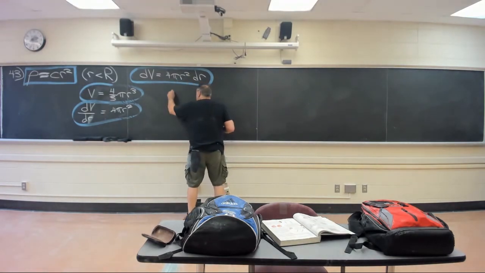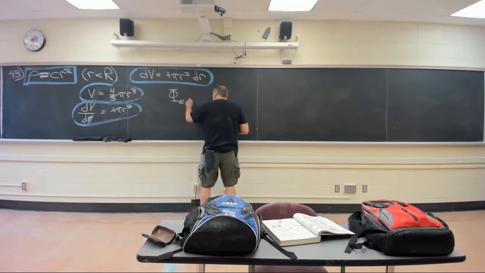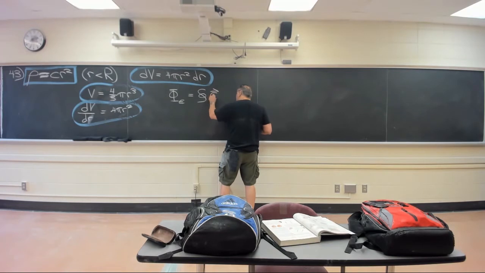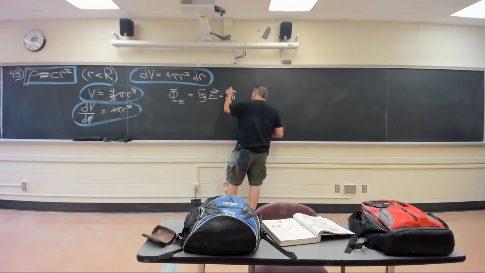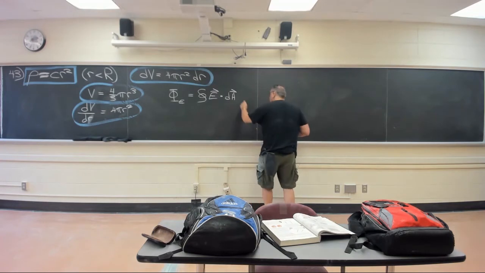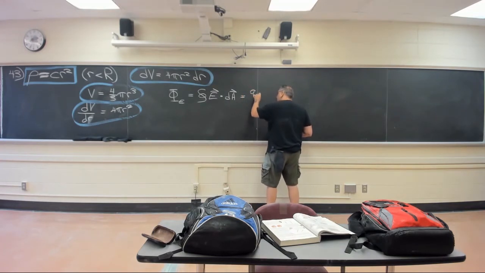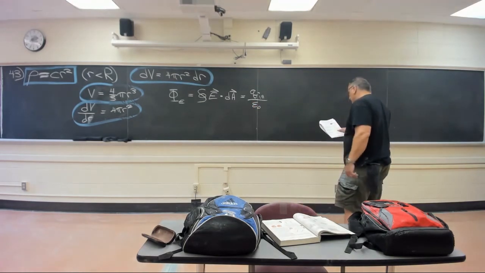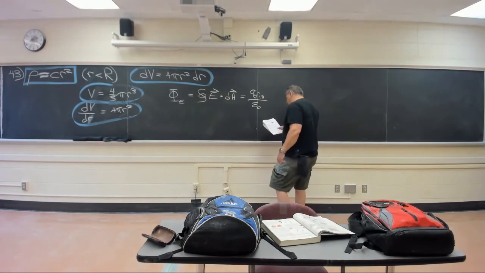The usual: the flux Phi E equals the integral over the closed surface of E vector dot dA vector, which equals Q enclosed over epsilon naught. What's going on here?